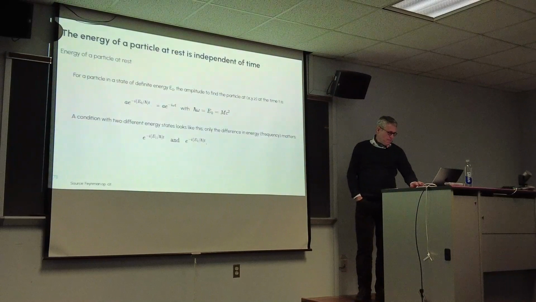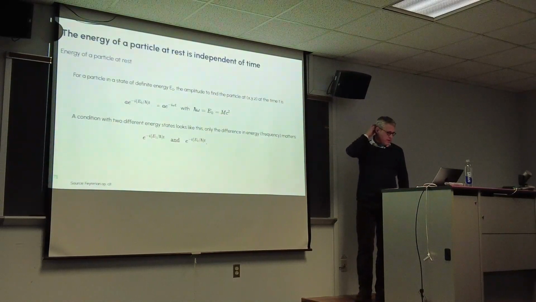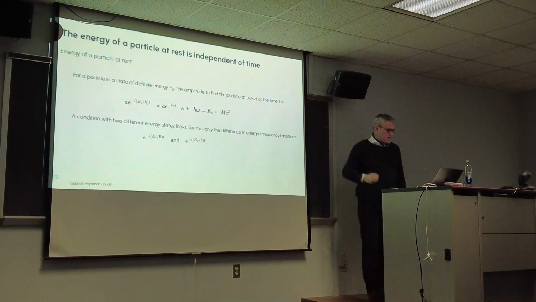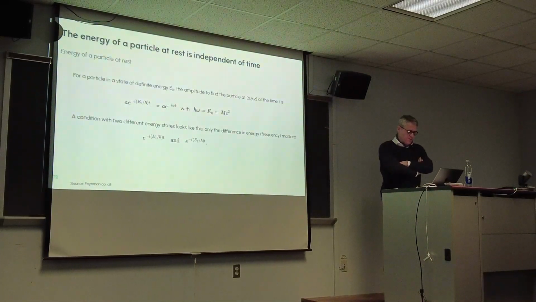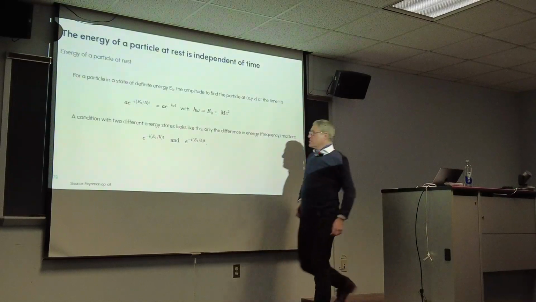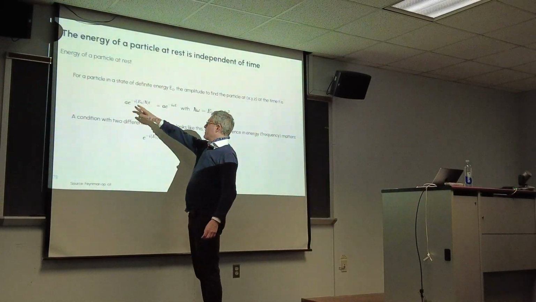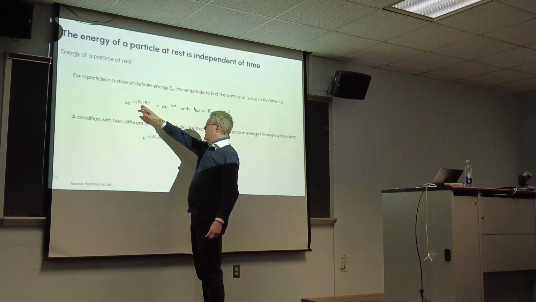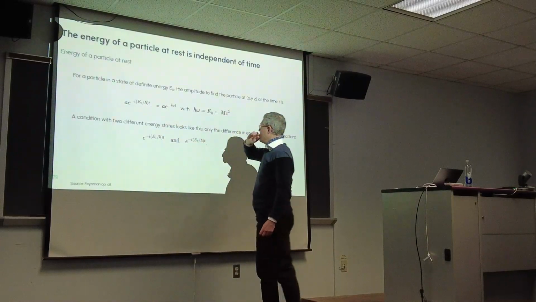And if you think of the energy of a particle at rest, then the amplitude to find a particle at a certain point in time is defined like this. It is some factor a times the exponential function of minus i times the basic energy divided by the Planck constant times time.